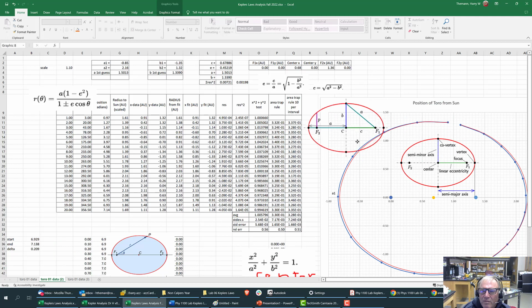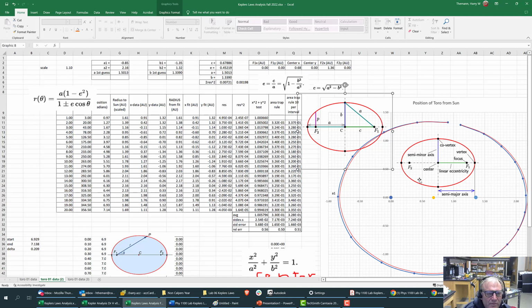The linear eccentricity, or C, is the distance from the center to the focal point. A is half the long axis, which we discussed in the previous video, and B is half the short axis. A is semi-major, B semi-minor.